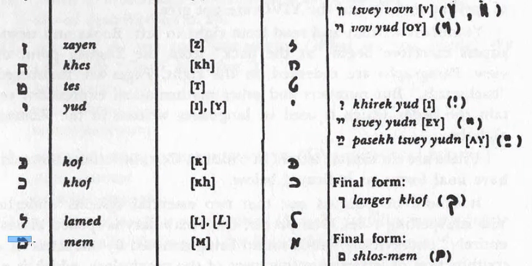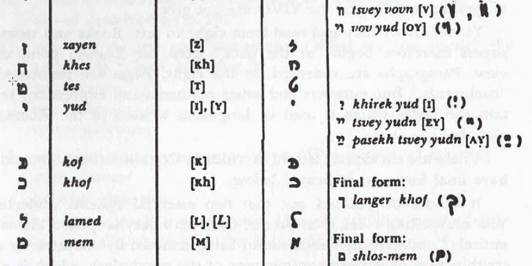With Mem, take a look at the way Mem is written and Tess is written. Tess is right here. As you can see, Mem has a bottom part that is flat and Tess has a bottom part that is flat. Mem has a rounded right part, and Tess has also a rounded part. Now let's talk about the differences.